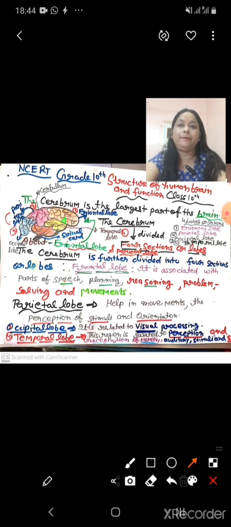The cerebrum is the largest part of the brain.